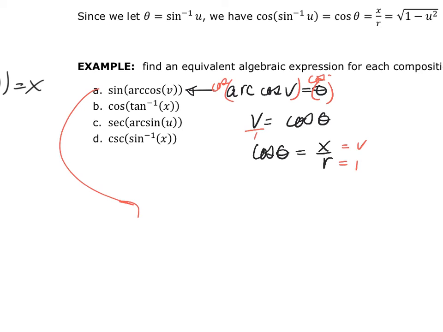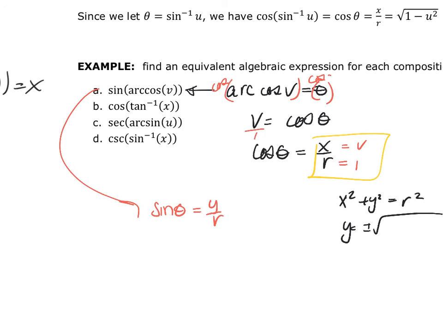Because I want the sine of my angle, the sine of theta is y over r. So what I have to do is figure out what y is using this information here. So I know that x squared plus y squared is equal to r squared. That means y is equal to plus and minus the square root of 1 minus v squared.